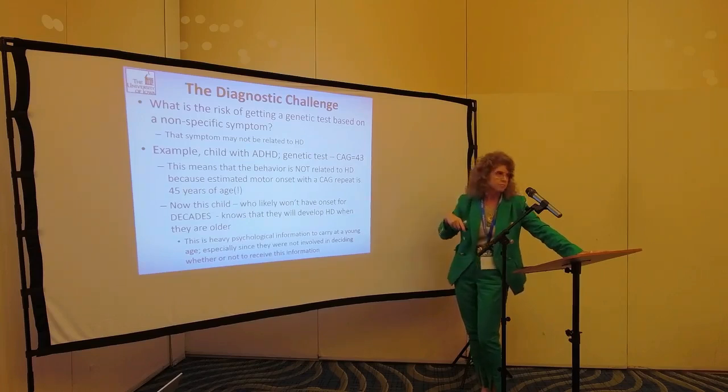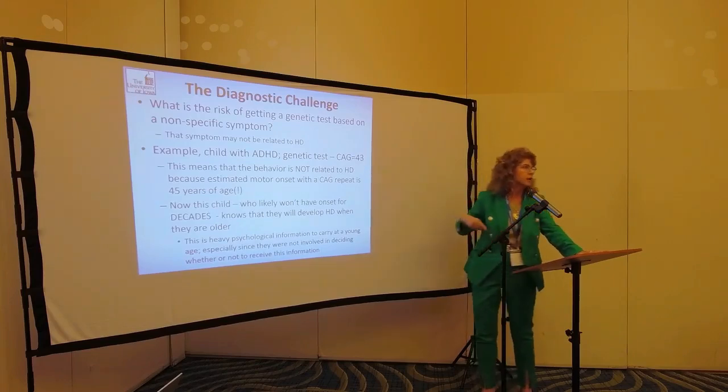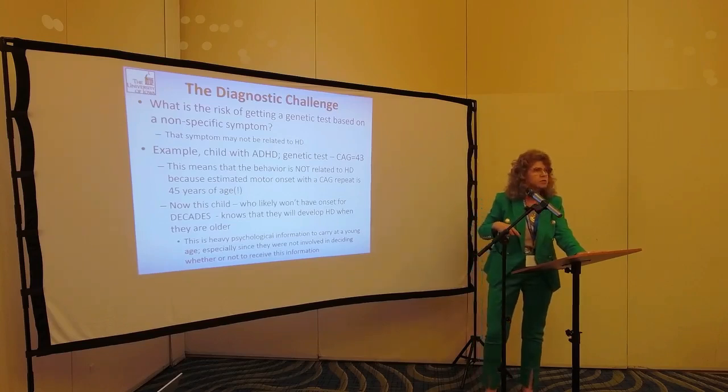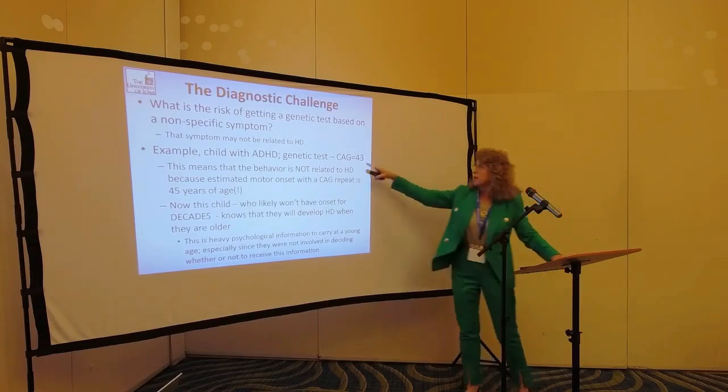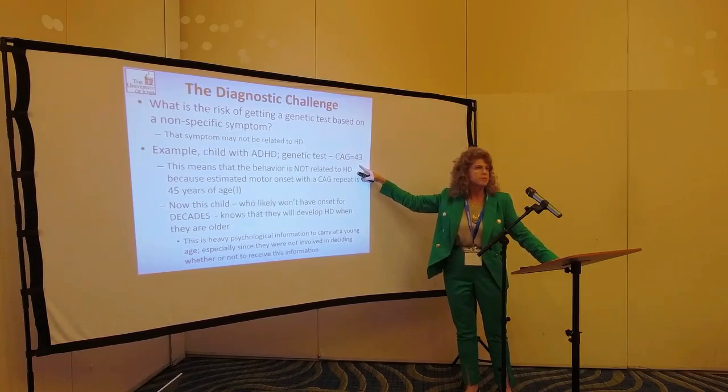ADHD is common, right? Let's just say we had a child who was at risk for Huntington's. They got the diagnosis of ADHD. We said, let's just go ahead and test for HD. And their CAG repeat was 43. They don't have any motor symptoms. They just have ADHD. They might be having some behavior problems.